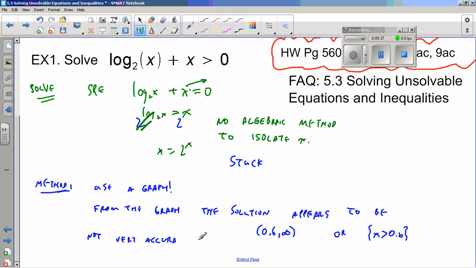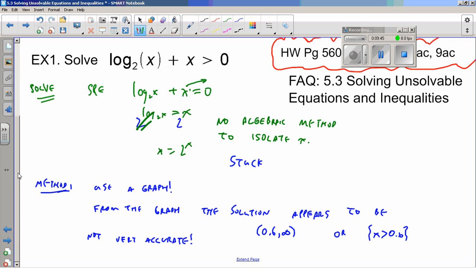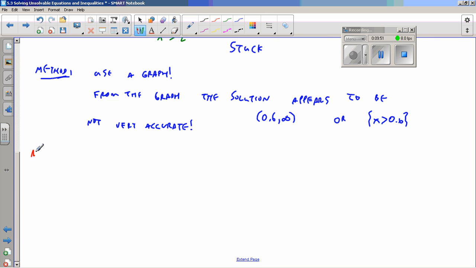Well, let's try solution number 2. You might think about, well, how close to the solution is 0.6? Maybe we should just try and see how close we are. Well, hang on. What was it?